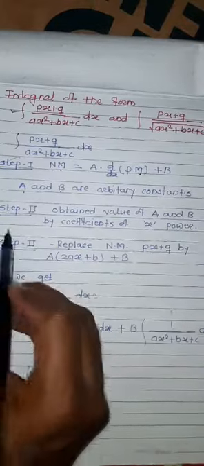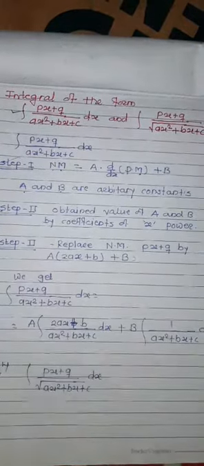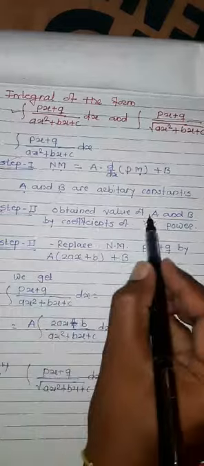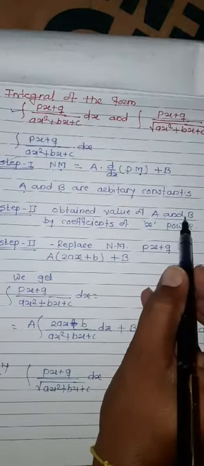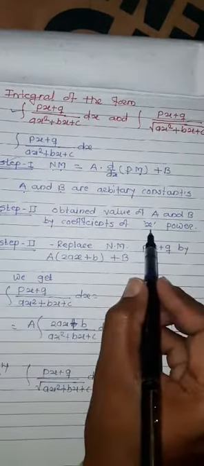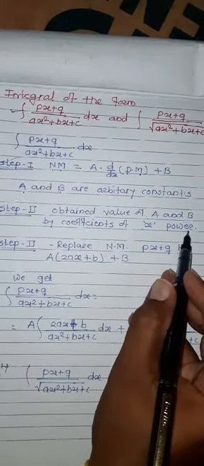The second step is to obtain the values of A and B by comparing the coefficients of x and the constant terms.